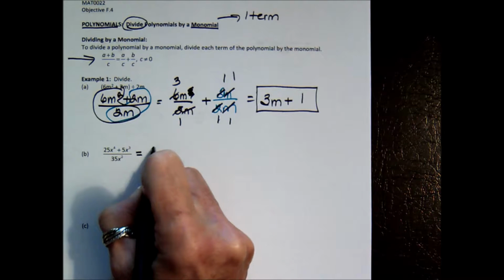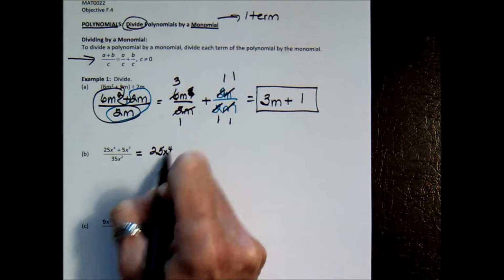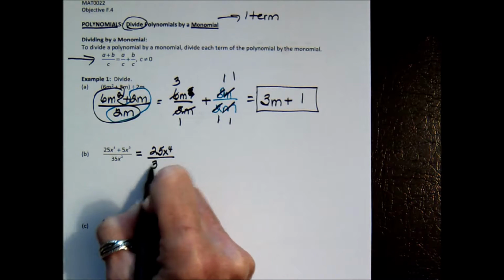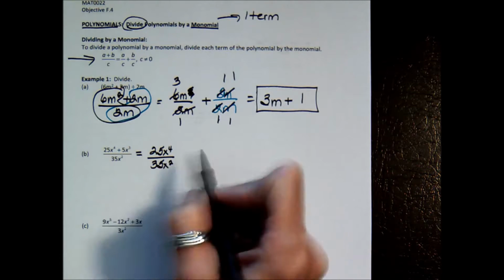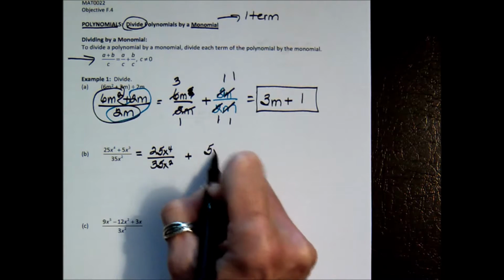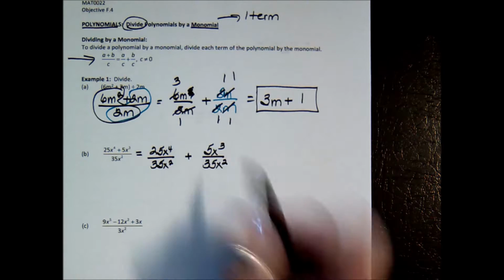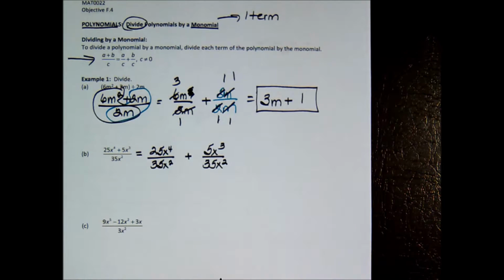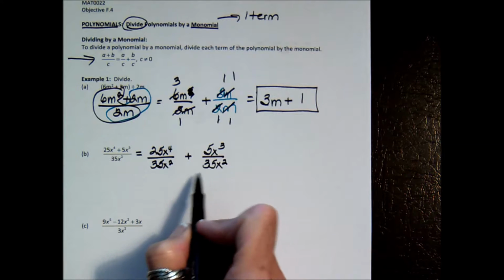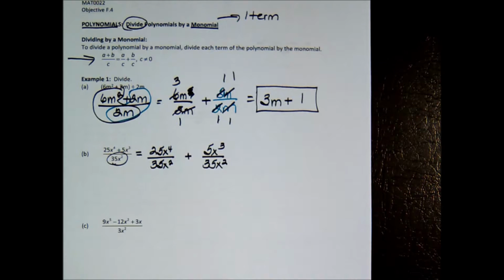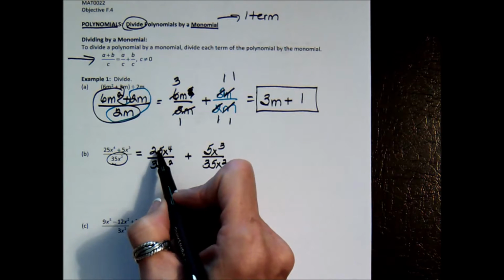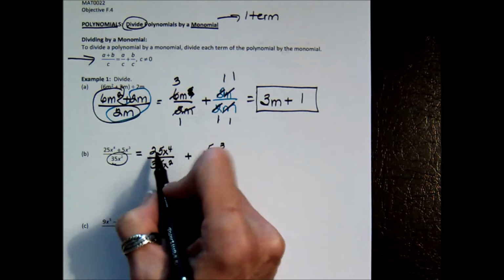So let's do another one. This would be 25x to the fourth over 35x squared, then plus 5x cubed over 35x squared. So we have our two fractions. Notice the denominators are the same. Now we cross cancel. What goes into 25 and 35? That would be 5.